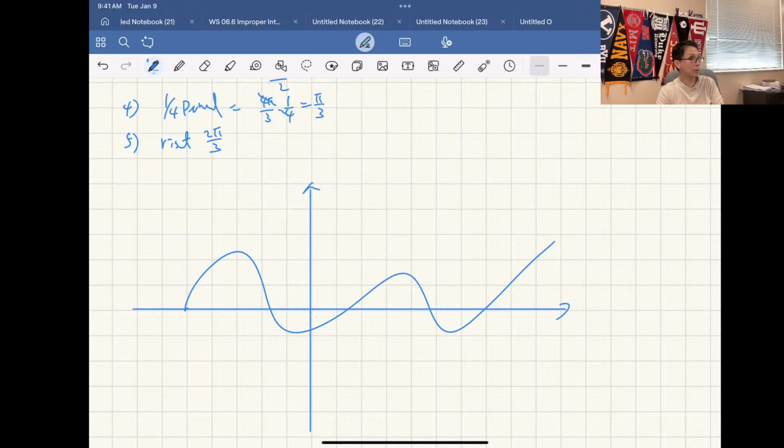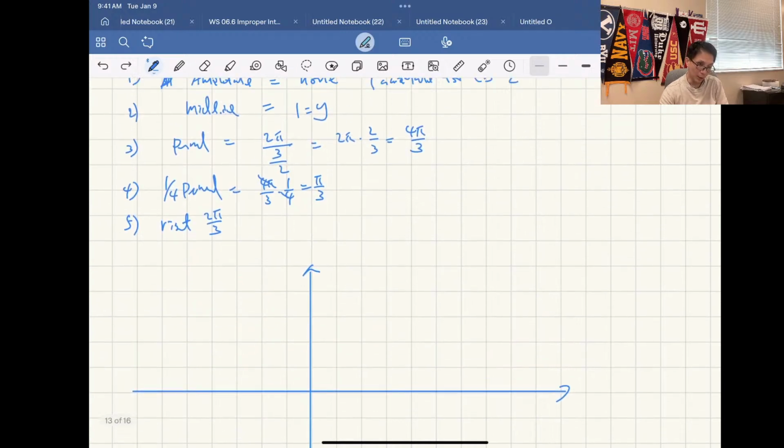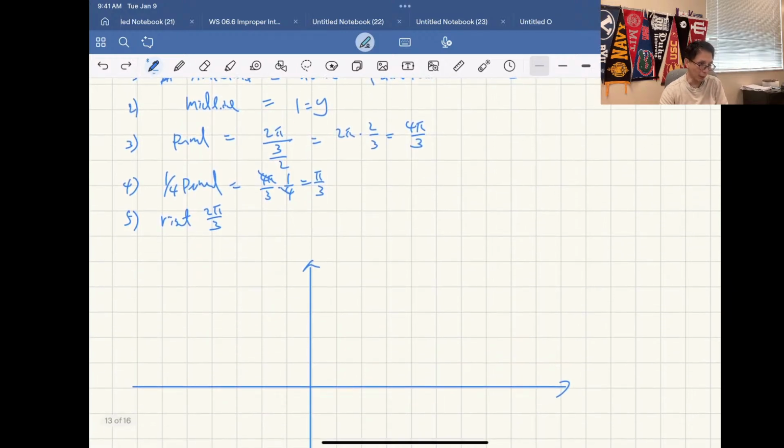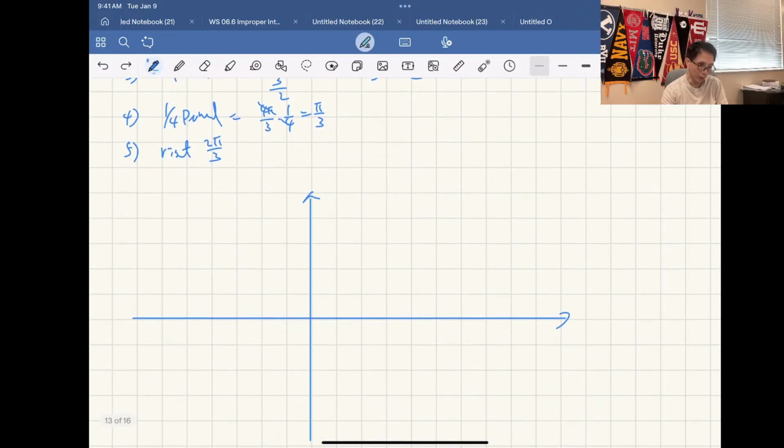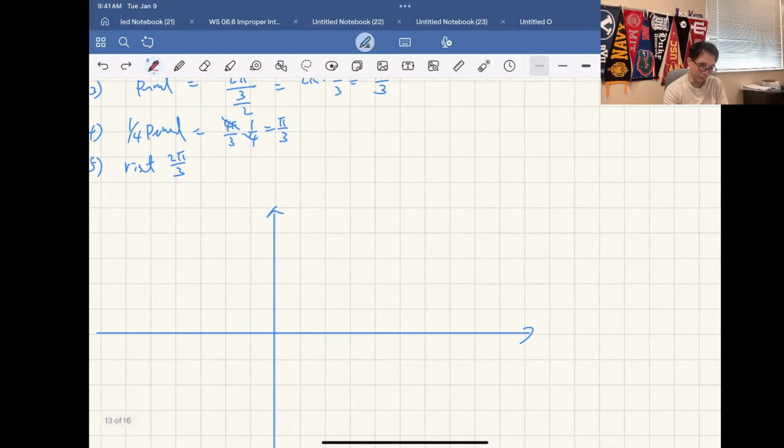You actually have to figure out where the peak and trough is, where it's actually coordinate. Especially what I'm looking for is your starting coordinates. Your starting coordinate is going to be very, very important. I need to see the graph, at least on the test, I need to see the midline. Midline is y equals 1, so that's going to be 1 here.